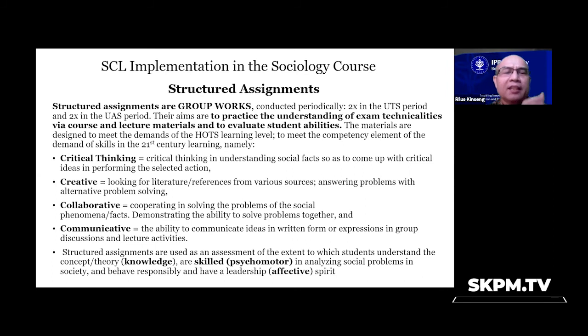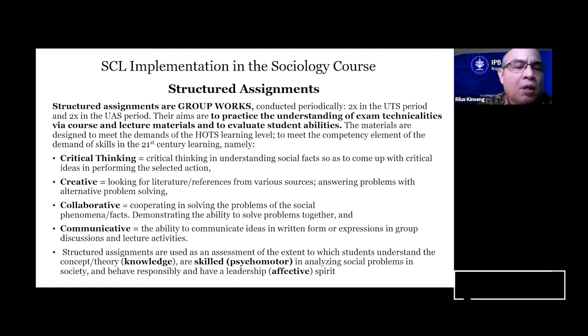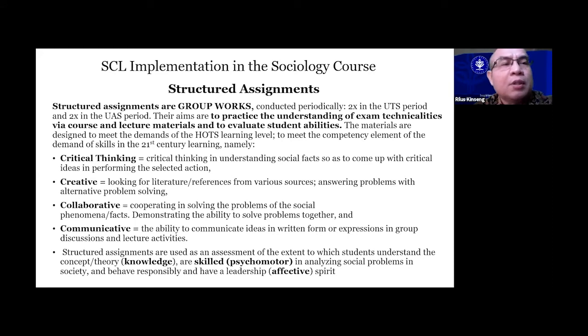The aim of learning in the 21st century, it is said, is first critical thinking. It is very important to develop critical thinking in understanding social facts, so as to come up with critical ideas in performing the selected action, because every action has social consequences.